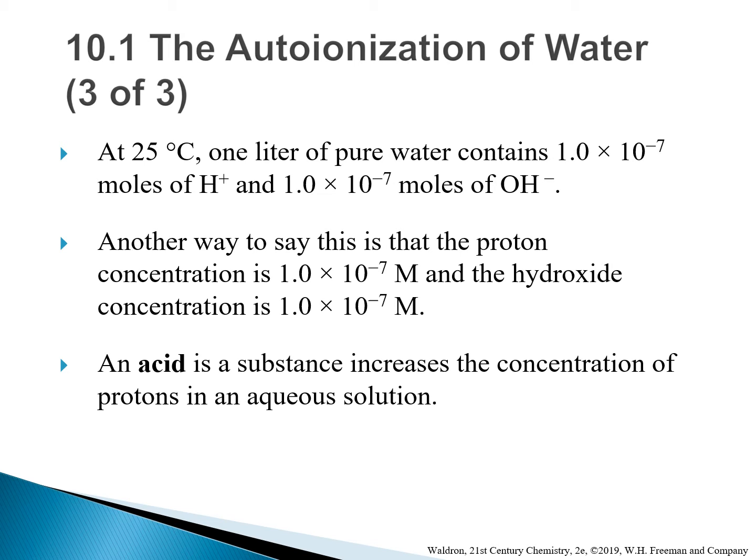Water becomes an acidic solution when an acid is added to it. Because an acid increases the number of H+ ions, 1 liter of an acidic solution contains more than 1.0 times 10 to the minus 7 moles of H+ ions.